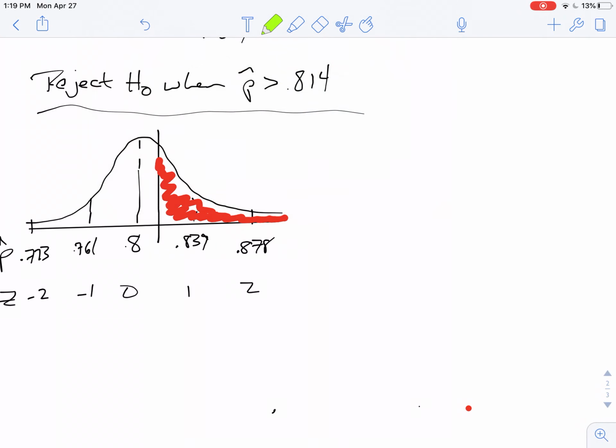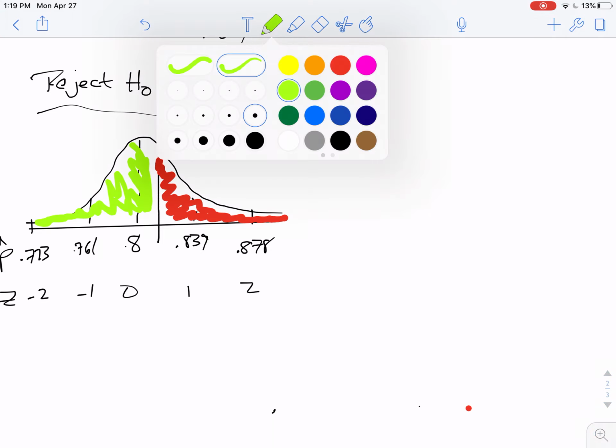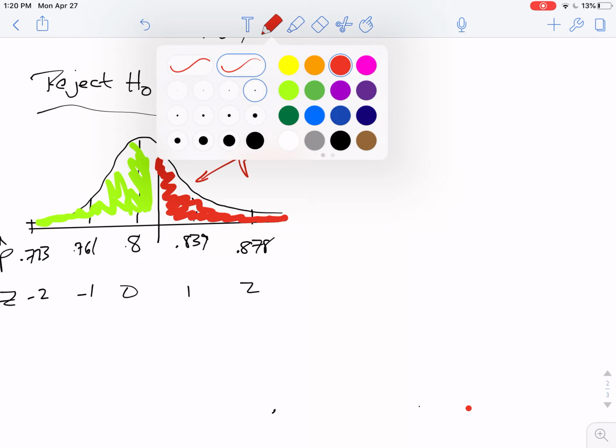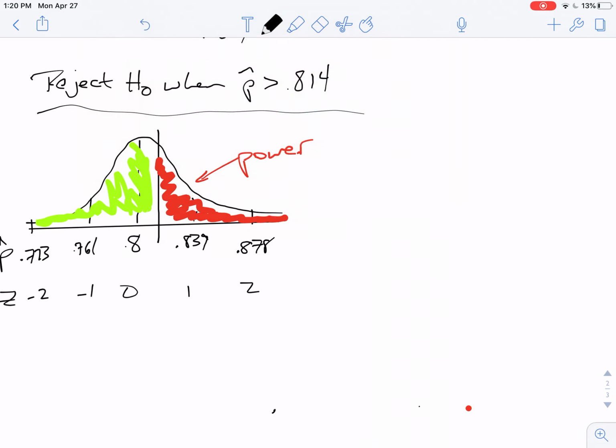And this region over here is where I fail to reject the null. Okay, so basically this red region here on the right side is the power. So the power, again, is the probability of rejecting a false null. So that's going to be that region there. So now what I need to do is then go ahead and calculate that value.